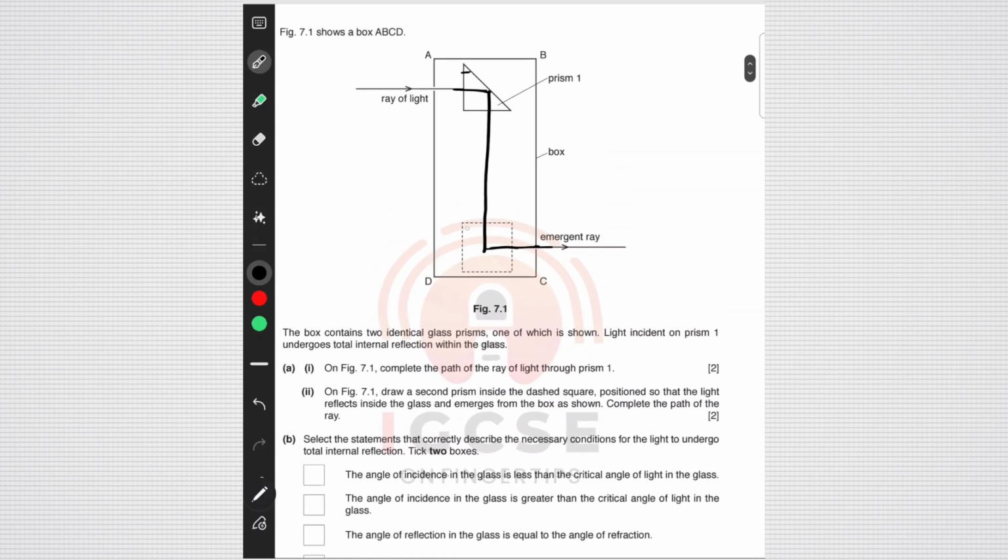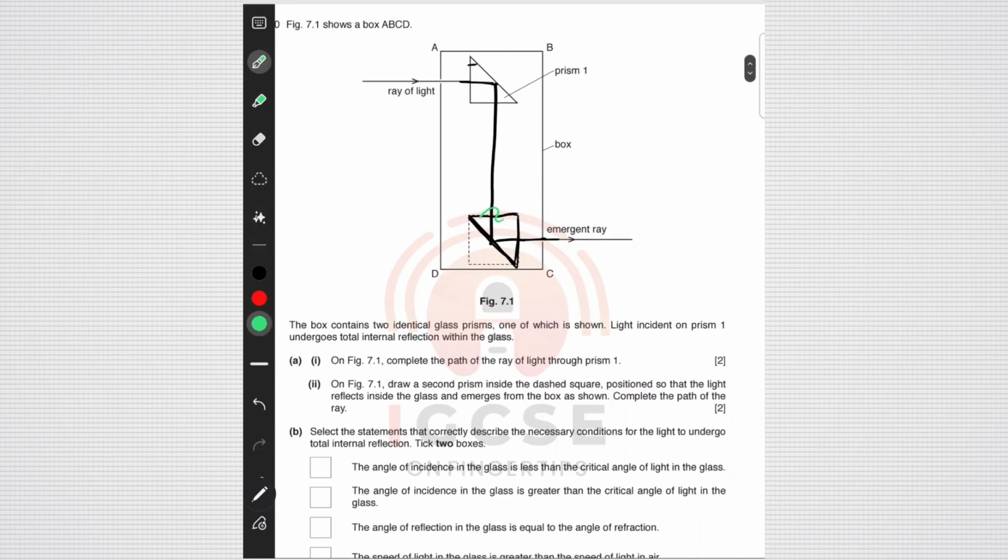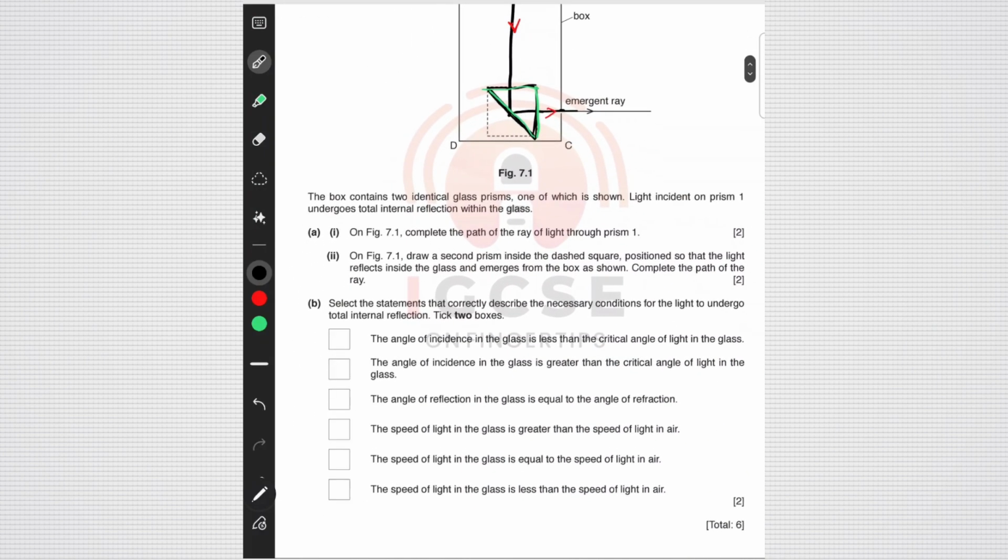You can achieve this if the slant surface appears like this, which will make the ray total internal reflect again. And this is how the prism can be placed. So this is what the prism looks like, and this is the direction of the ray that looks like this. Then I have done both parts I and II.